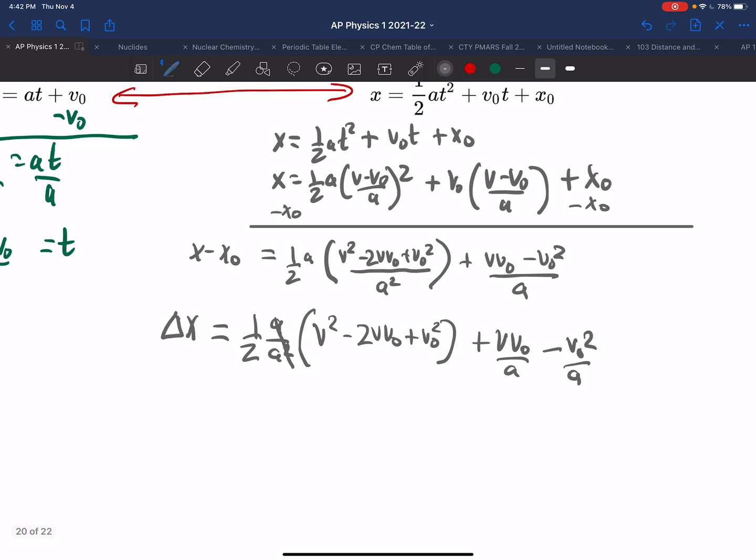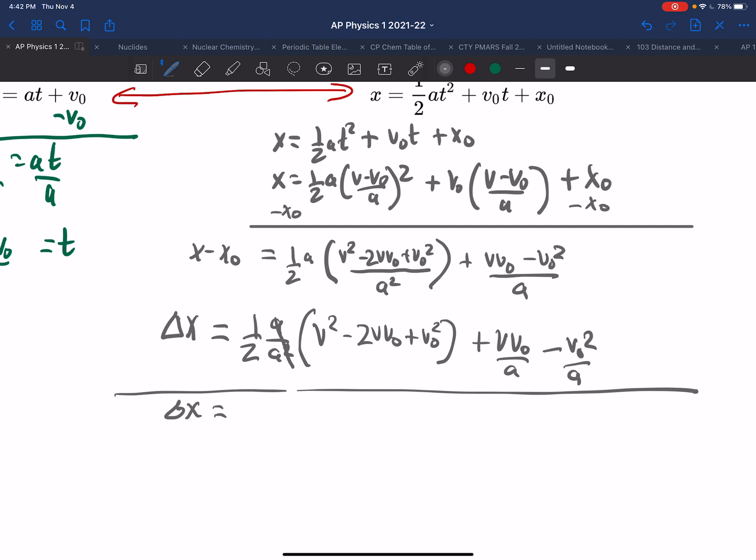So since we notice that this term has an a and this term has an a, and when we multiply this through, these will all have a's, we can multiply through and either factor out the a's overall or combine like terms, something like that. But let's begin by distributing that 1/2 a.